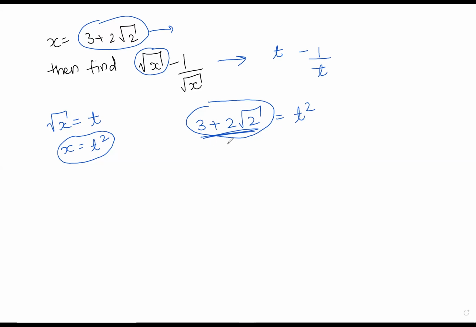So can we write this in terms of something that looks like this thing plus this thing square? Let's see if we can do that.